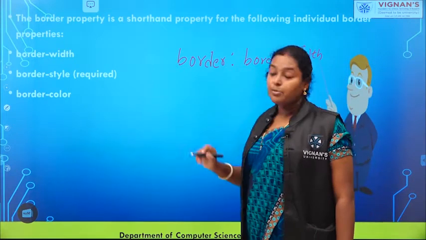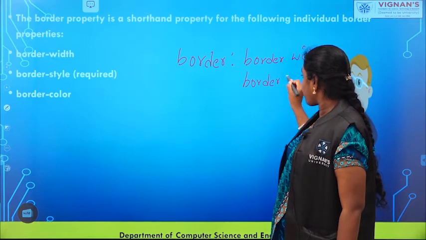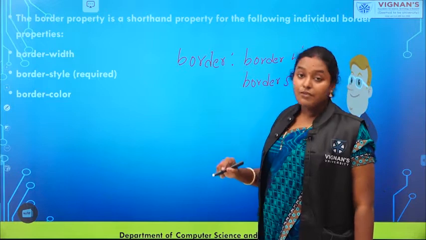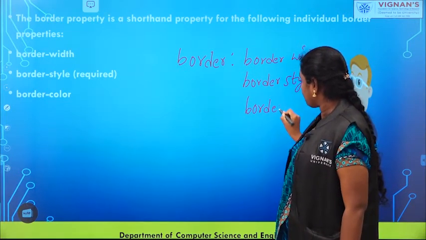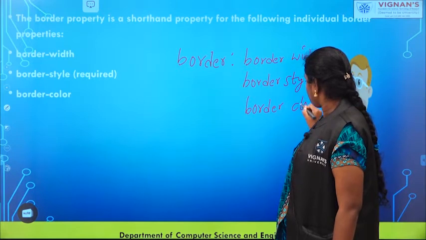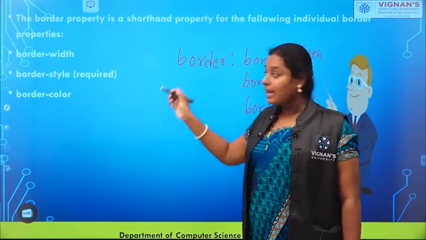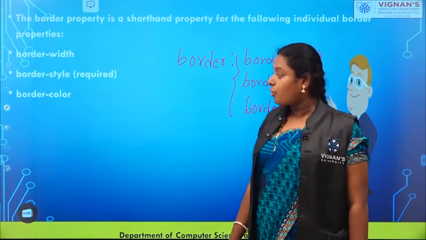Next value you can write border style. Next value will be border color. Like this, for the single property you can add multiple values. So this is called as shorthand property.